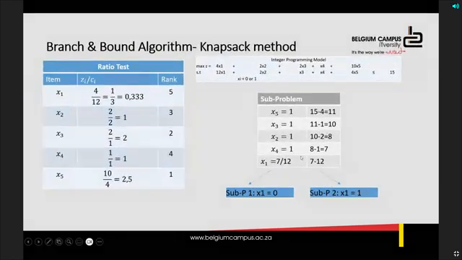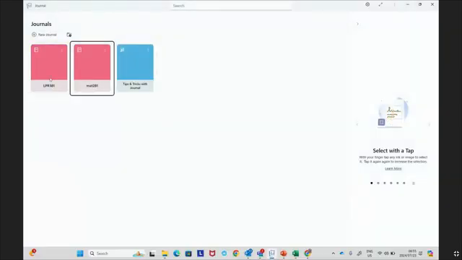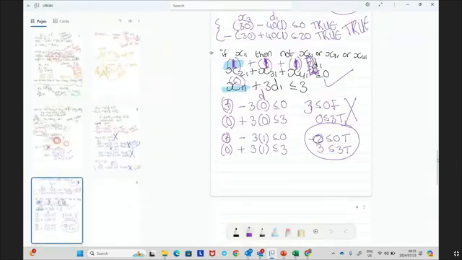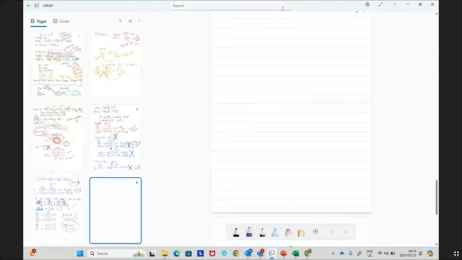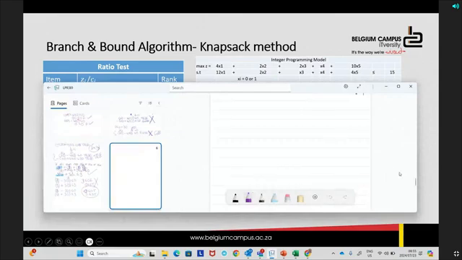Okay, let me get my journal. So I'm just going to rewrite quickly. So we have a max. Maybe you like purple, but I want to work with black.